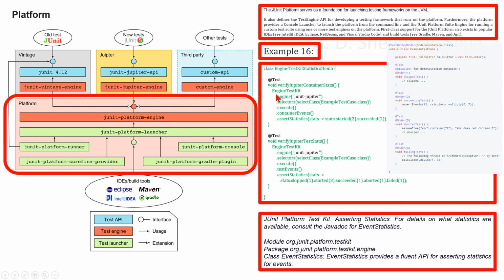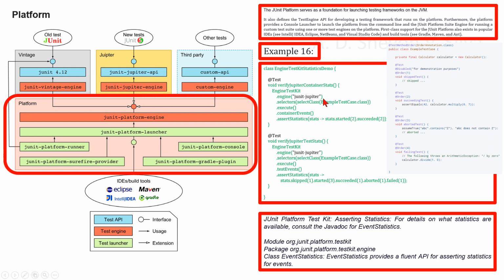The following tests demonstrate how to assert statistics for containers and tests in the JUnit Jupiter test engine. For details on what statistics are available, consult the Javadoc for EventStatistics.